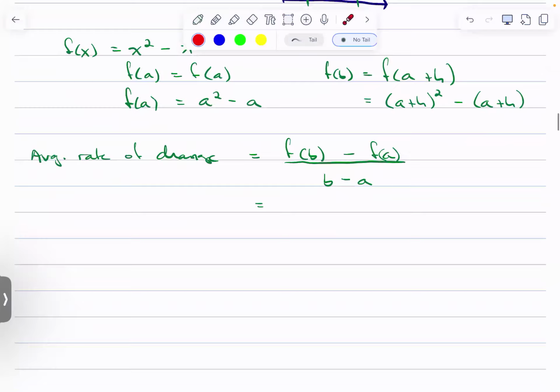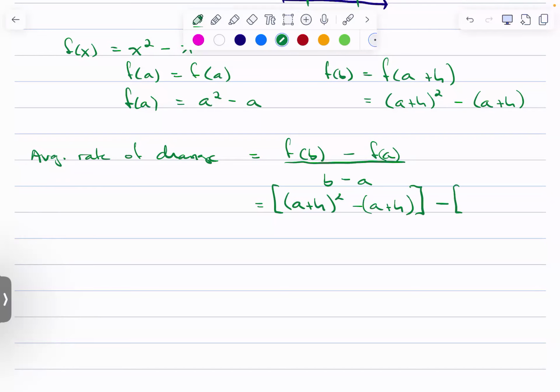So f of b is this a plus h squared minus a plus h minus, need these brackets on here because if I'm subtracting, I need to distribute that negative.